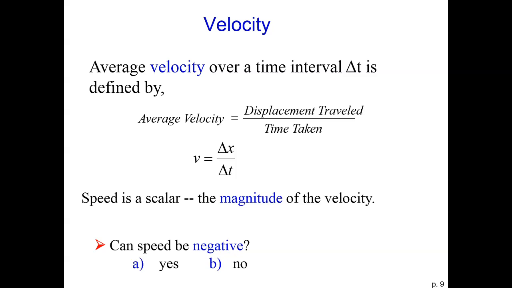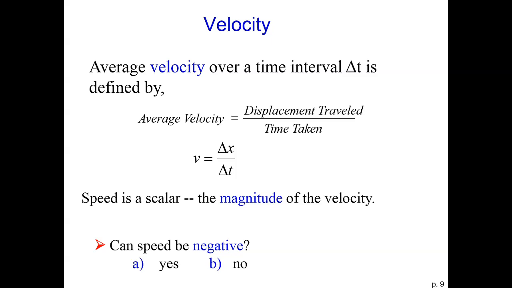The triangles here are the Greek letter delta, and basically that means the change in x, so the change in position, divided by the change in time, delta t. The unit for displacement is meters, and the unit for time is seconds, so the units on velocity are meters per second. So our speed and velocity will be measured in units of meters per second.